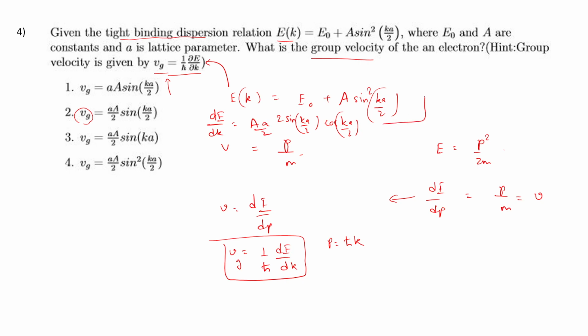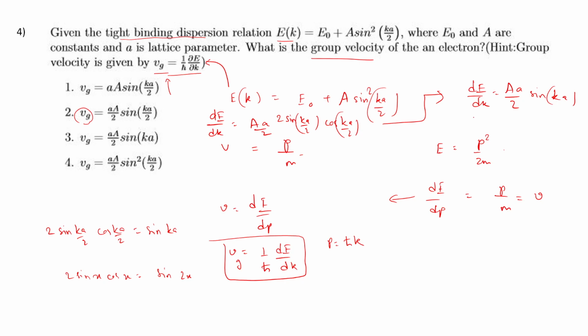So dE over dk is equal to A a by 2 times 2 sine k a by 2 cos k a by 2. You can use the identity 2 sine x cos x equal to sine 2x. So it is just sine k a.